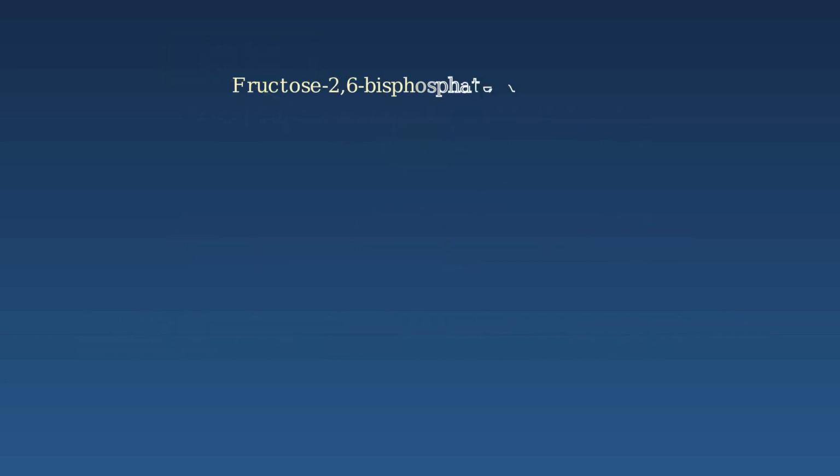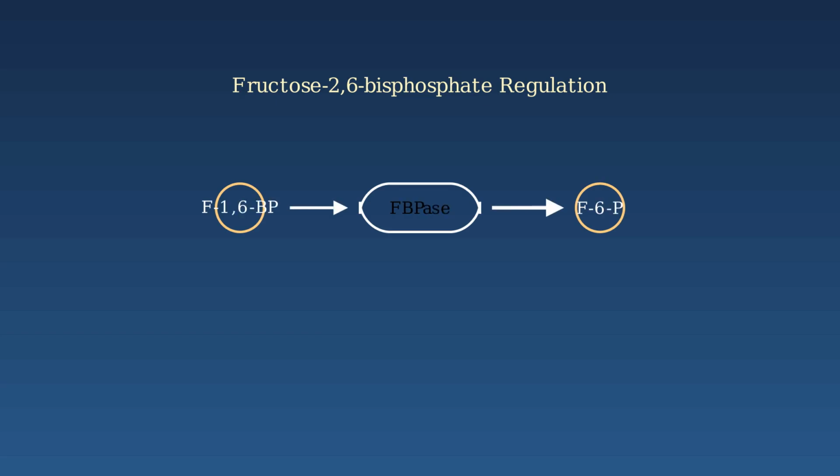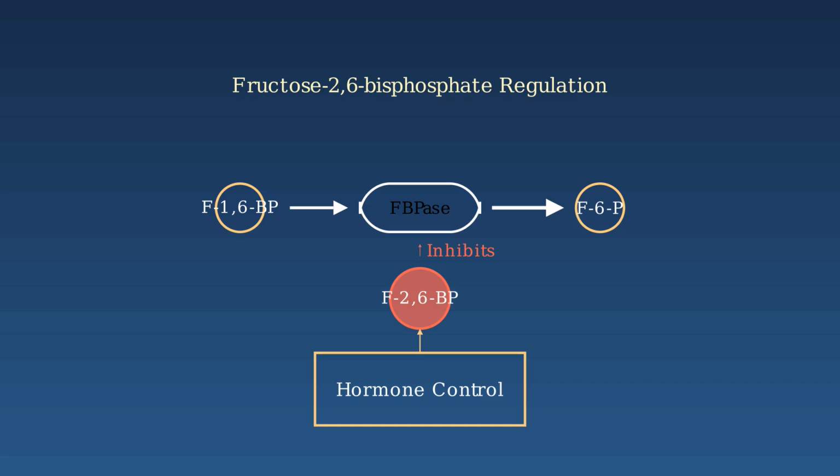Another key allosteric regulator is fructose 2,6-bisphosphate, which controls the opposing activities of phosphofructokinase and fructose bisphosphatase. Fructose 2,6-bisphosphate inhibits fructose bisphosphatase, a key gluconeogenic enzyme that converts fructose 1,6-bisphosphate to fructose 6-phosphate. The levels of fructose 2,6-bisphosphate are controlled by hormones, primarily insulin and glucagon.